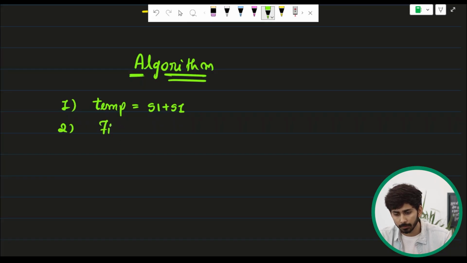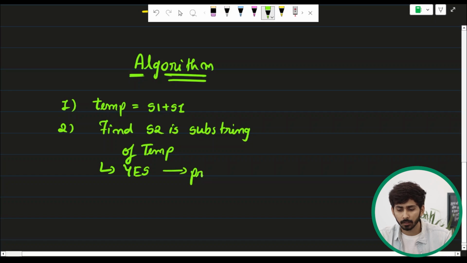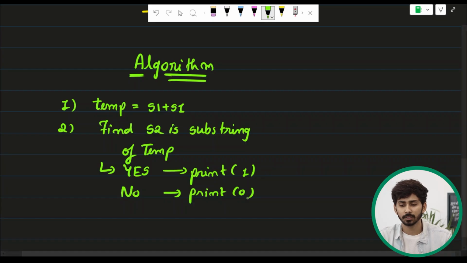So the second step is to find whether s2 is a substring of temp or not. If yes, then you can simply print 1 in the output, and if not, then you can print 0. So that is how simple this question is.